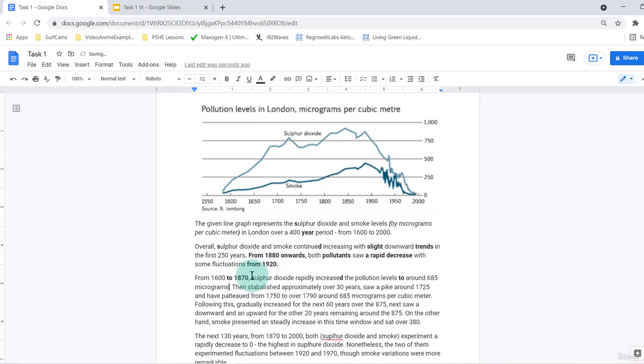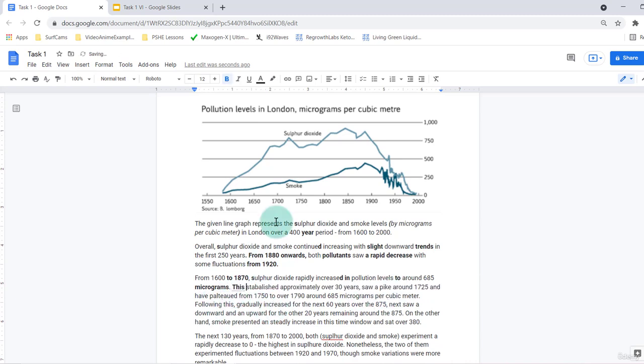I'm just going to add this in. It's important to give the measurement, the measuring language that we're using. Rapidly increased in pollution levels to around 685 micrograms.